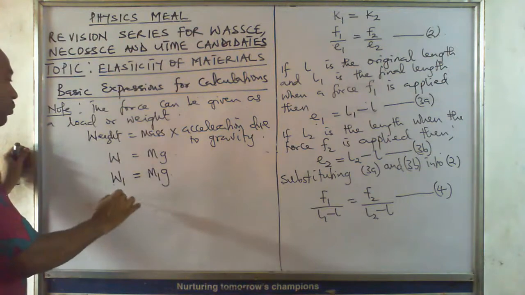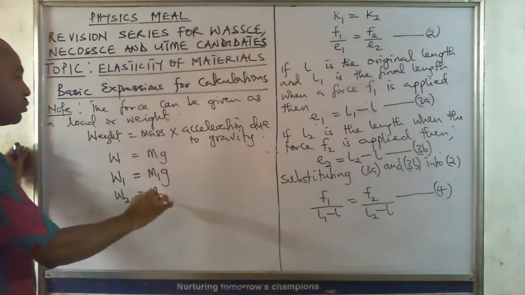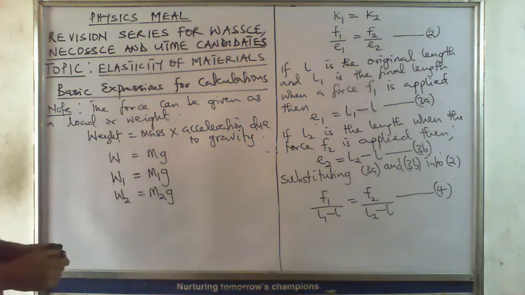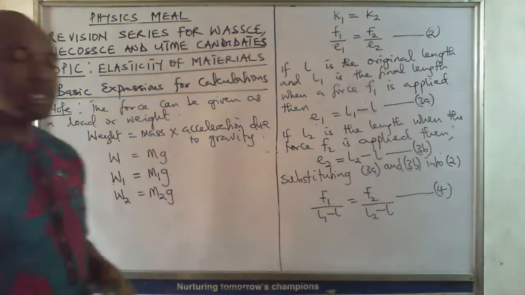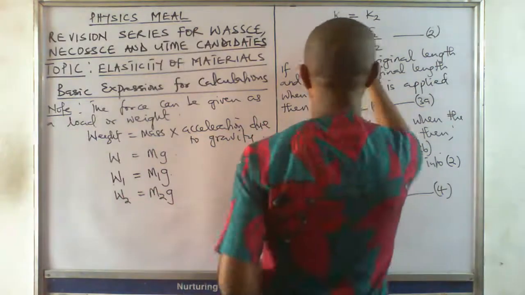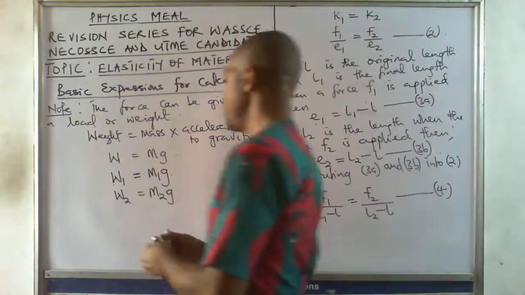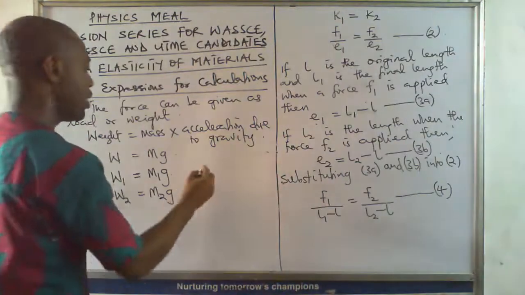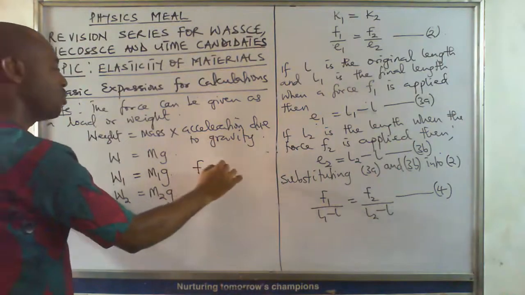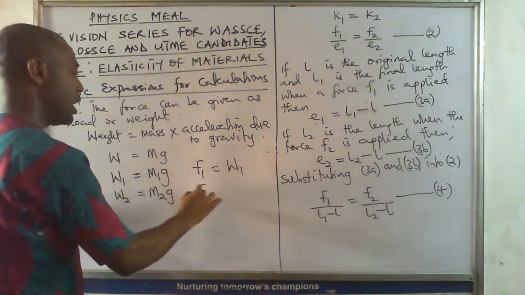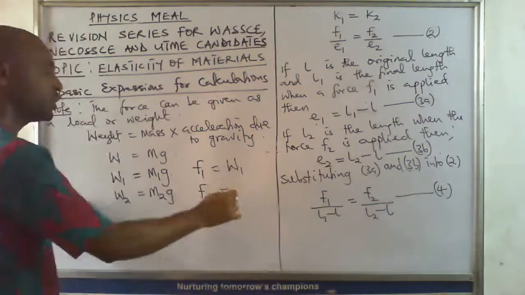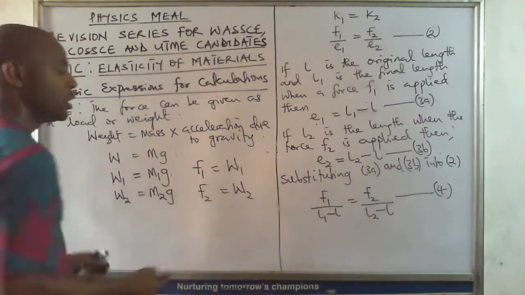Then W2 will give us M2G. G is also a constant. So in place of force, if weight is given, F1 will now be W1, and F2, which will produce extension 2, will be W2.